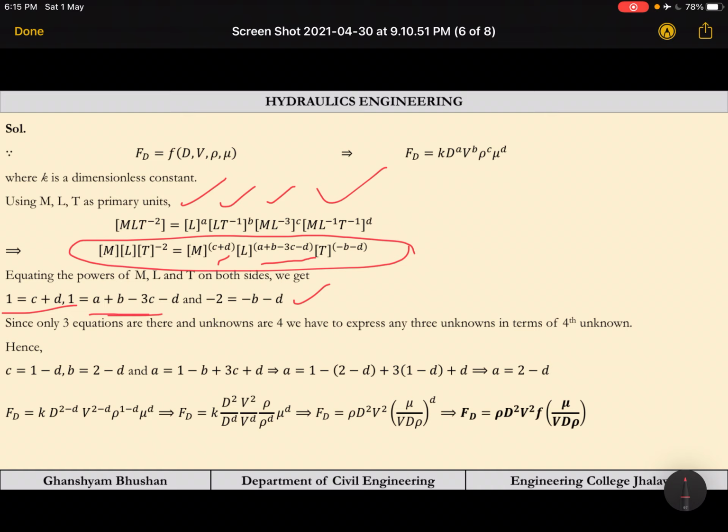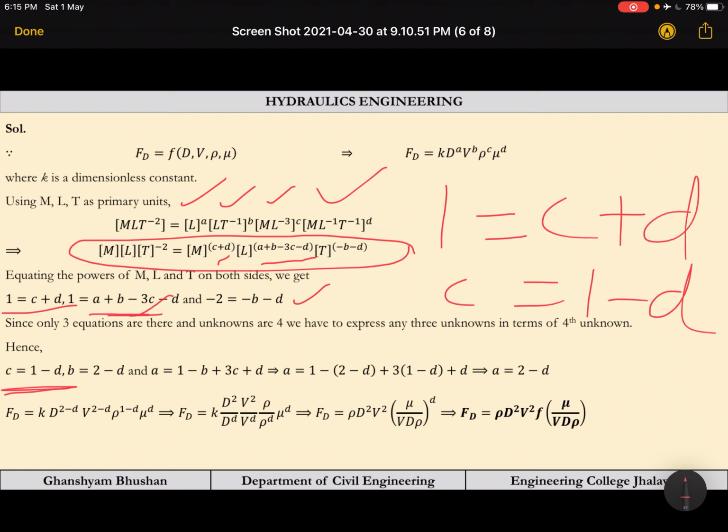Let us say we take d as the independent parameter, and a, b, c will be depending upon d. This means we will express the other 3 parameters a, b and c in terms of d. From the first equation, 1 is equal to c plus d, so c is 1 minus d.